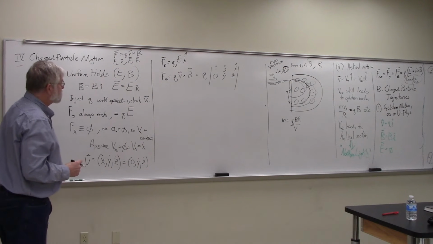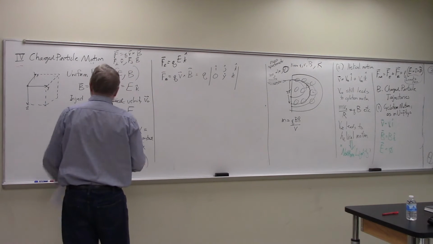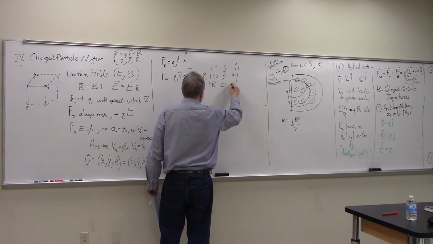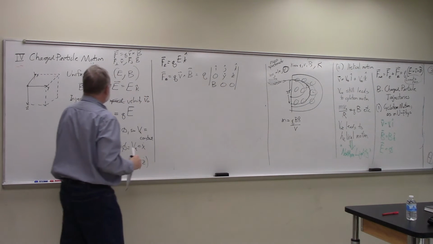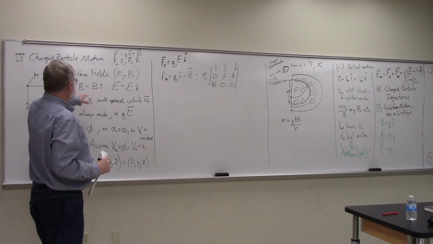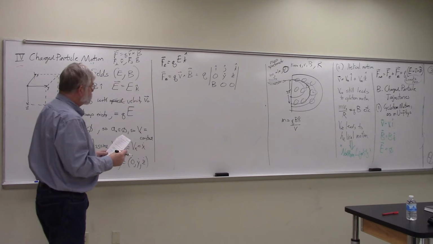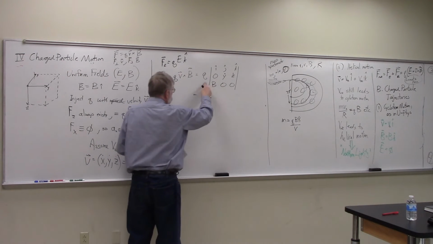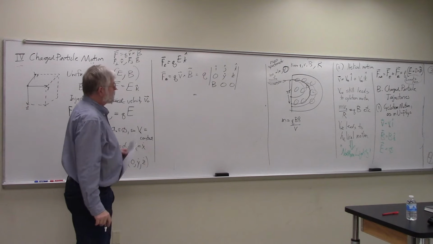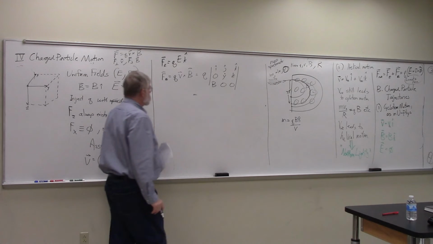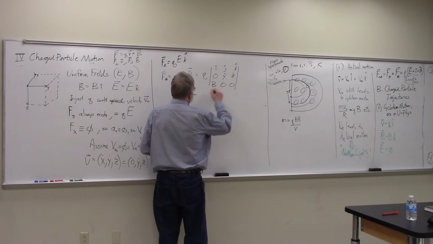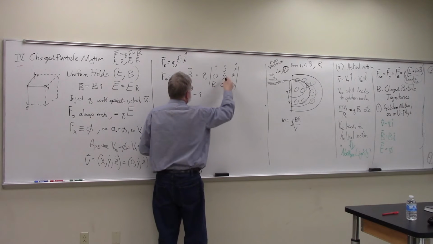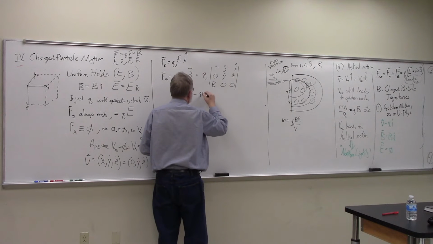So put that in. And then my B is only in the x direction. Let's take that cross product. You know you can factor scalars out of cross products, right? If it's a multiplier, you just put it in front of the determinant. So, what's the x component? 0.